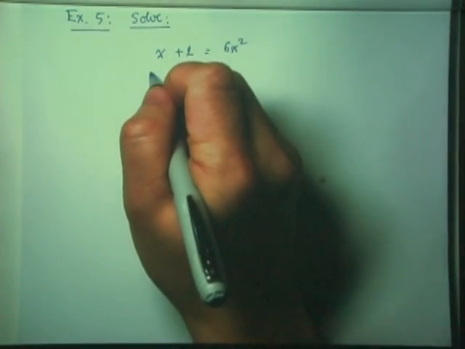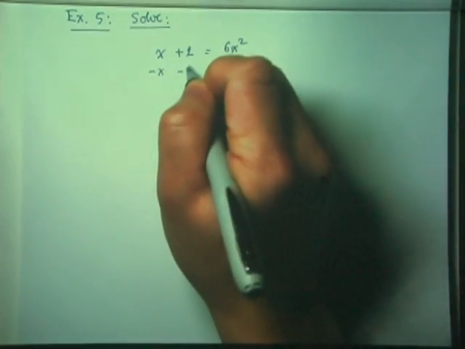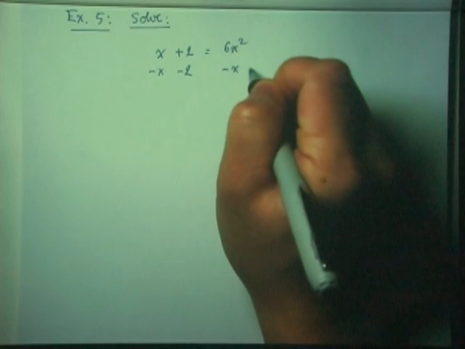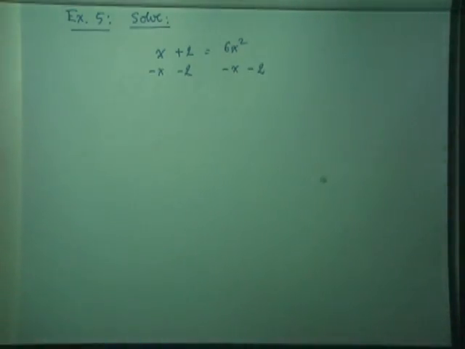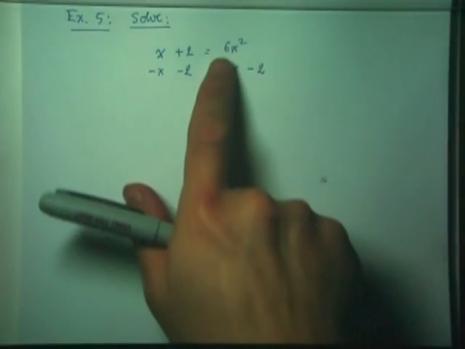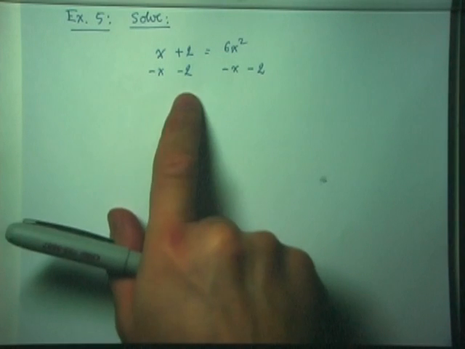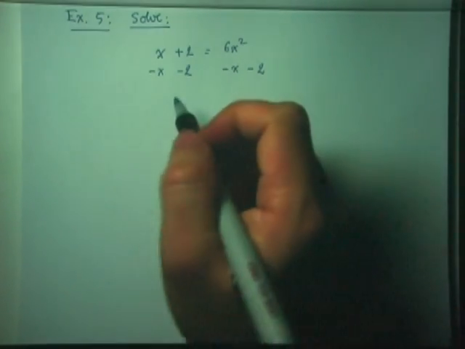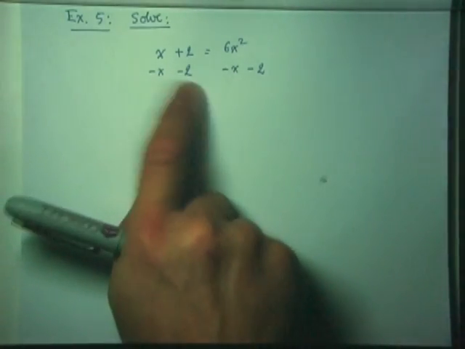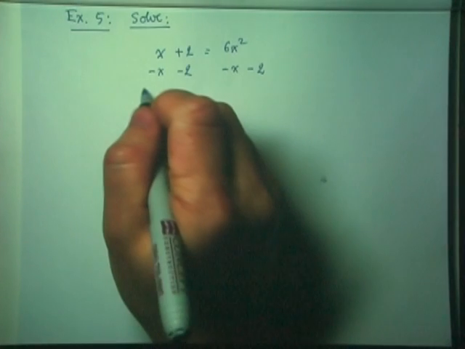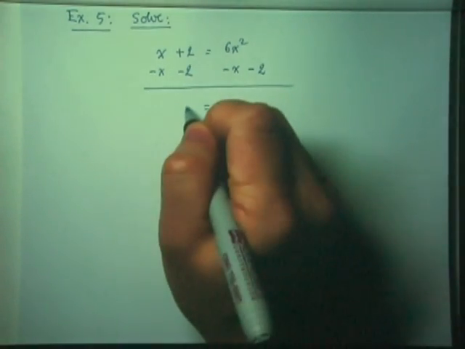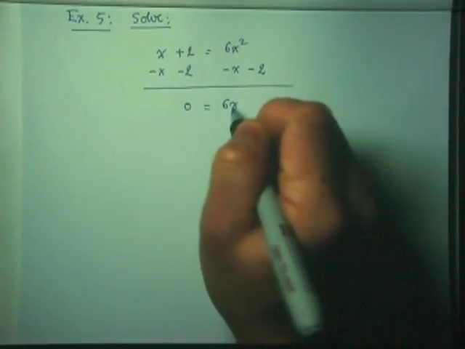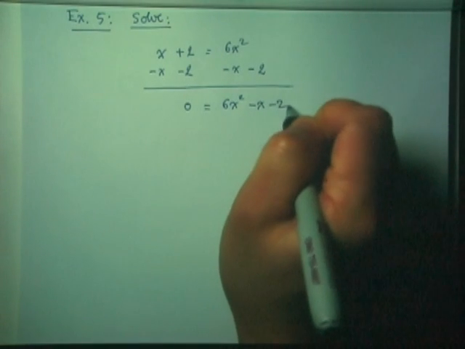So I would like to move all my other terms to the same side as my leading term. The point is, I would like to move the terms in a way that I'm keeping my x squared term positive. And so that means I'm going to have to subtract x and subtract 2 from both sides. And that's going to give me 0 equals 6x squared minus x minus 2.